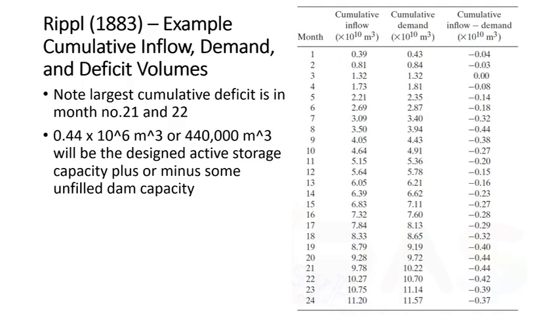Okay, so sorry, ignore the number here. This is wrong. The active storage capacity here should be 4 billion cubic meters. Okay, 4 billion cubic meters, not 400,000 cubic meters.